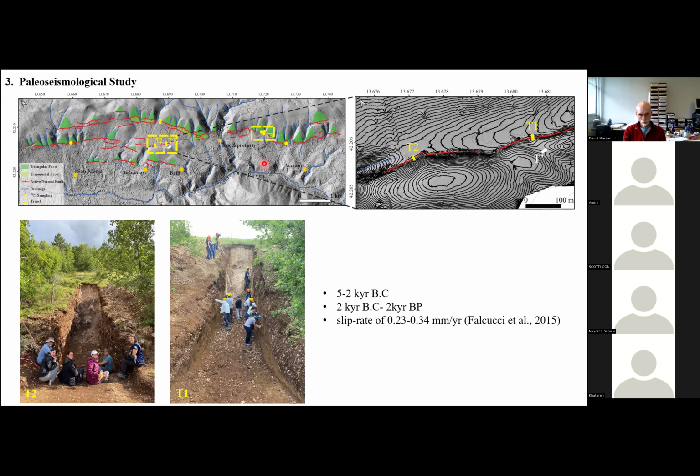You can see we have a chlorine-36 sample here and here and here from the previous studies, and I have a seismological study on this part and this part, so this is a good distribution. And other trenches from Faccenna et al. here, so we have a good distribution of seismic history along the fault.